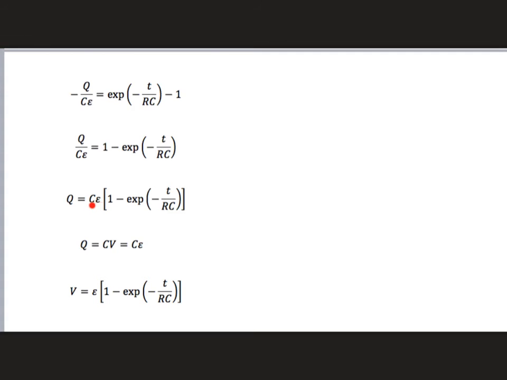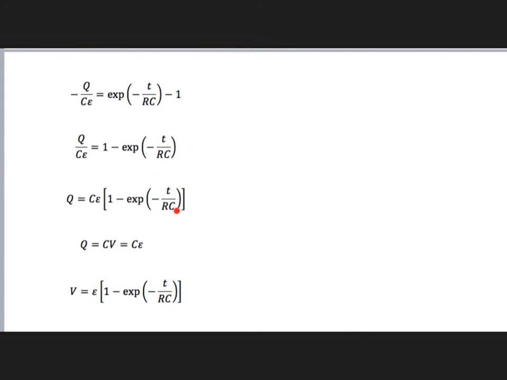Now let's look at this CE term here, because remember, this E is really a voltage. That's the EMF, or the voltage, and so we know from the fundamental capacitor equation that the charge on a capacitor is C times V, or in this case, C times E. So the units here work out.